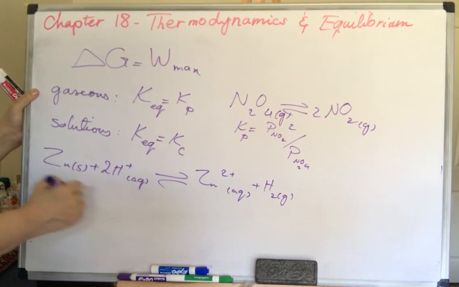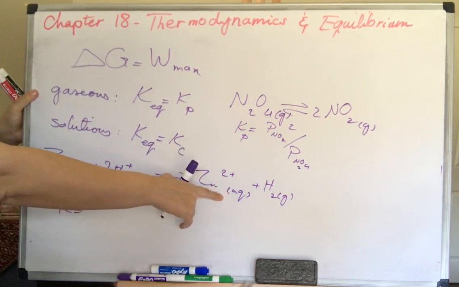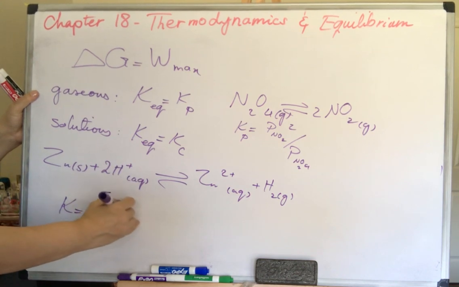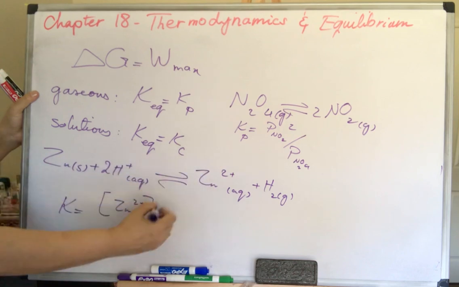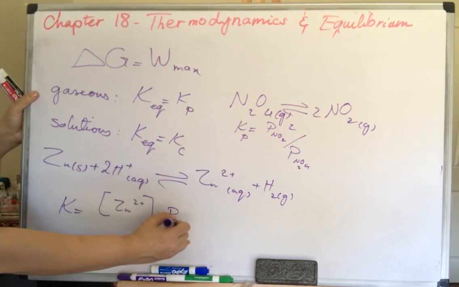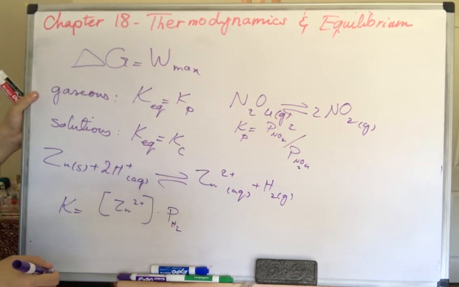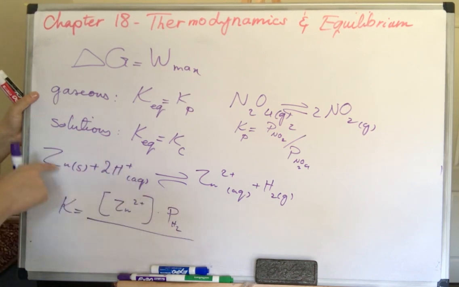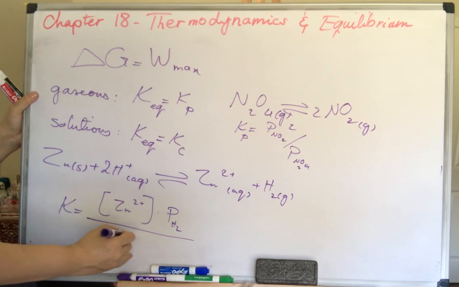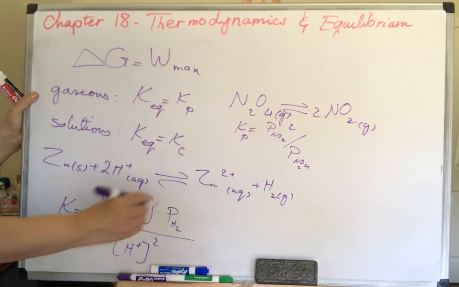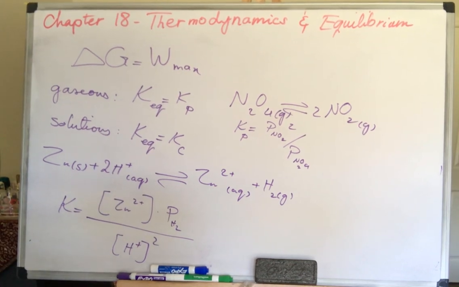K equilibrium is going to be, you have an aqueous zinc, so it's a solution, so you need the molar concentration. Hydrogen is gas, so you can say P of hydrogen, divided by, solids are not included in the equilibrium constants, and then you have aqueous H+, which is to the power of its coefficient.